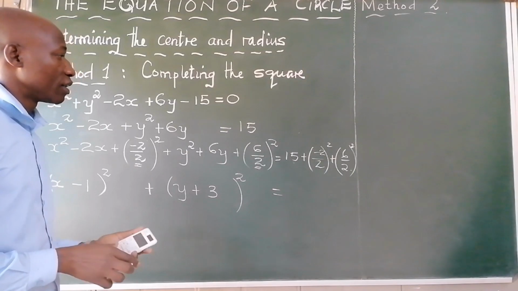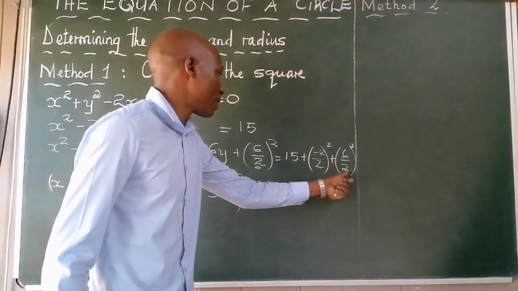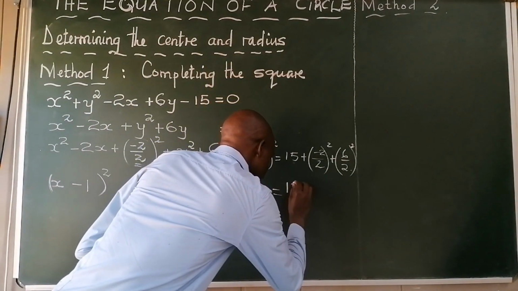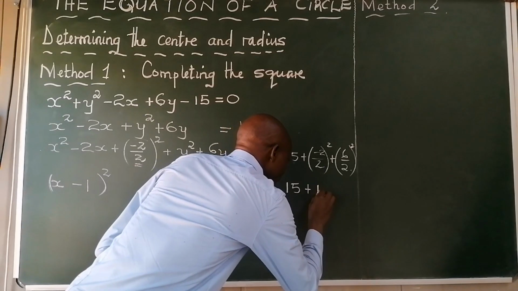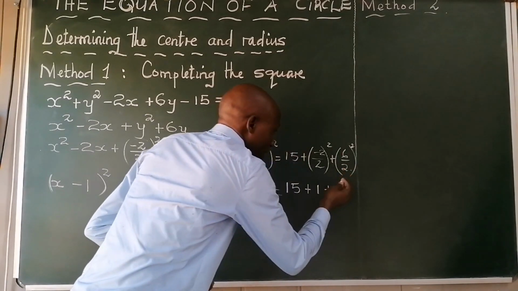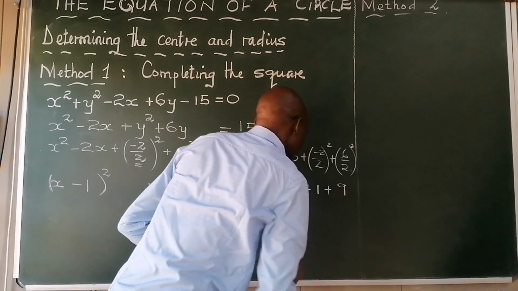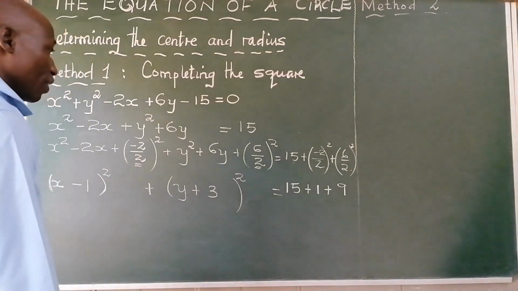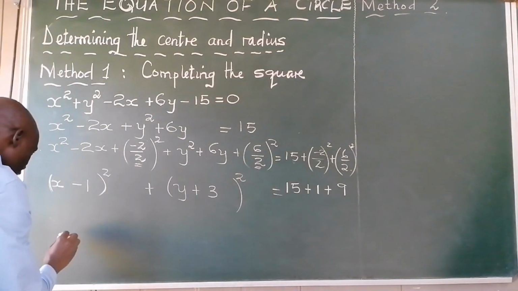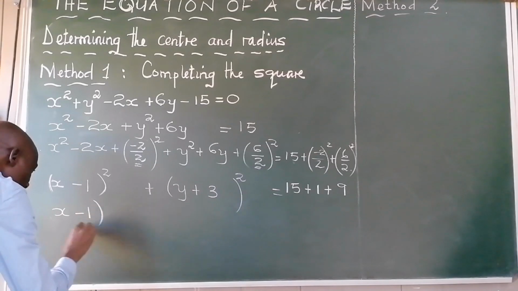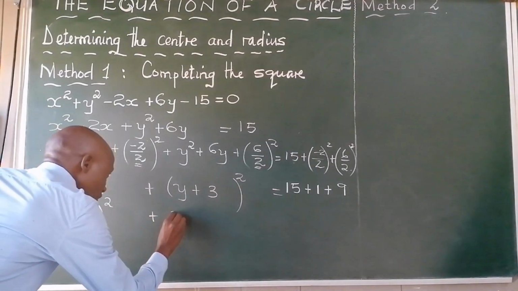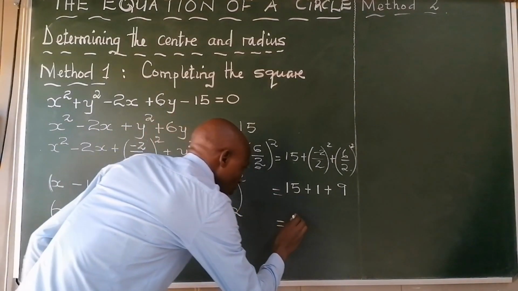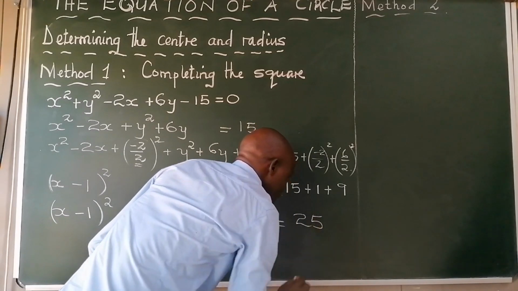That becomes 16, and then plus 3 squared, it's 9. Now if you add 15 plus 9 plus 1, you get 25. So we have our final equation as x minus 1 squared plus y plus 3 squared is equal to 25.